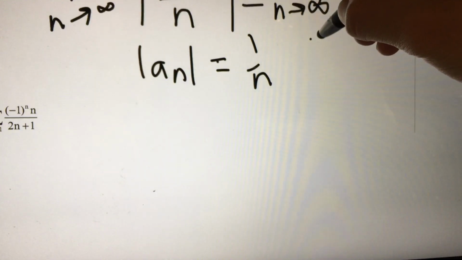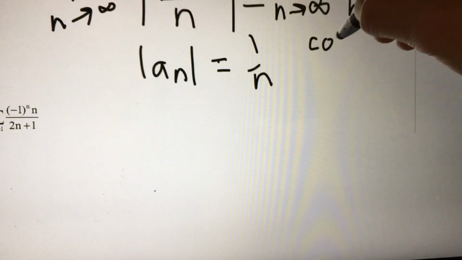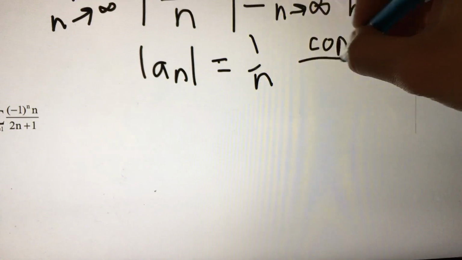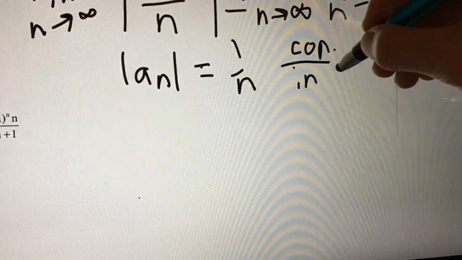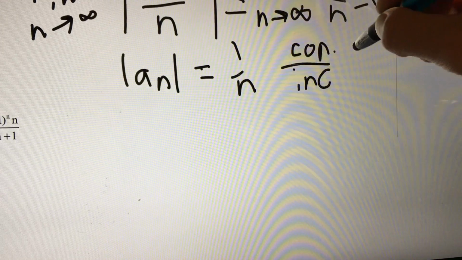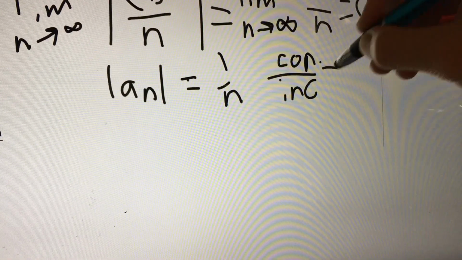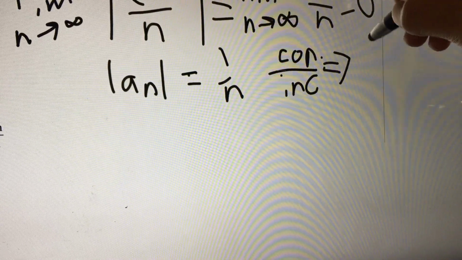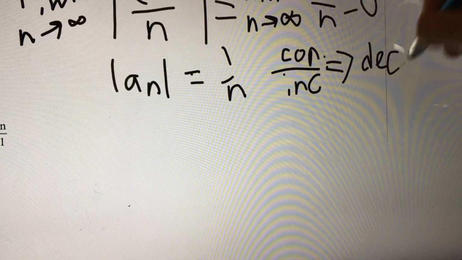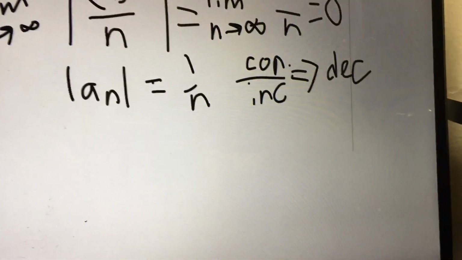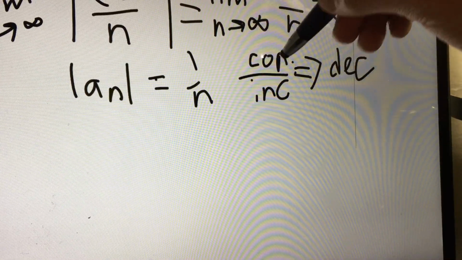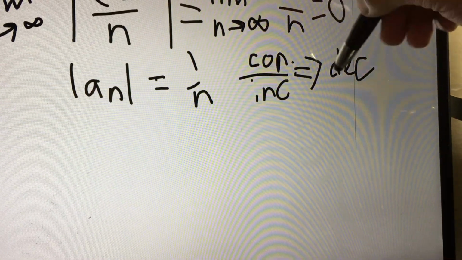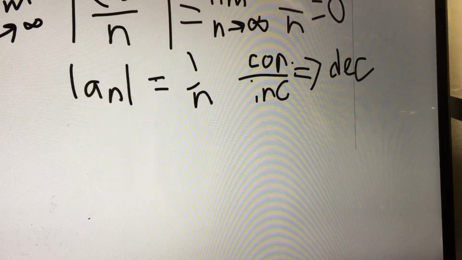This is decreasing because this is a constant over something increasing, which ends up being decreasing.